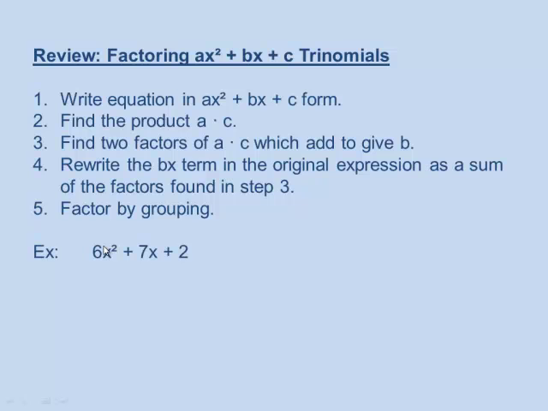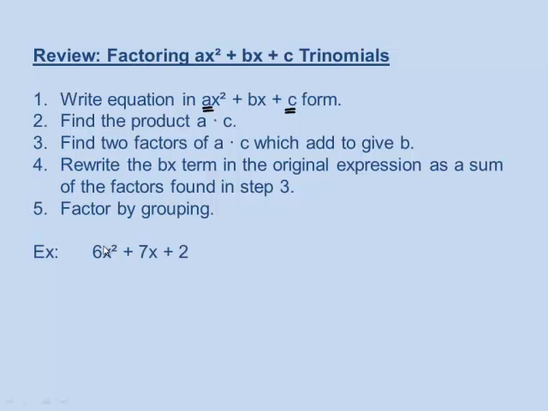So to review the grouping method, the steps are, first step, make sure the equation is in ax squared plus bx plus c form. Make sure it's in descending power order, write your squared term first, and then your x to the first term second, and then your constant last. Then your next step is you're going to look at the a and c value in your trinomial and multiply those together.